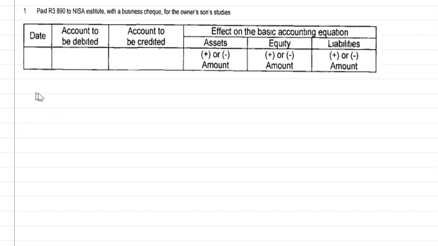Okay, let's go then. First of all, I would like us to do this here. So debit and credit. The account to be debited will be drawings. That's right, the drawings. And the account to be credited will be bank.